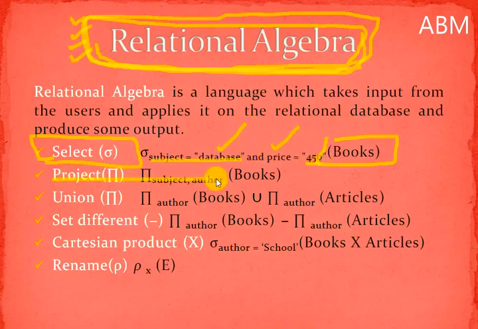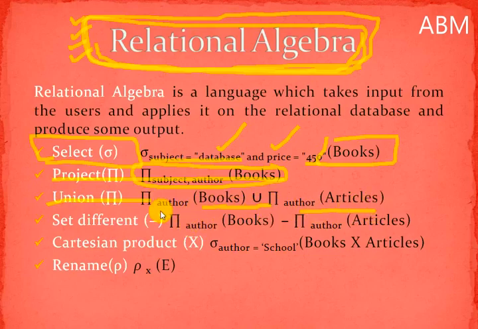Project has different types of constraints. For example, here they are selecting something from the books, but they may constrain on the subject and the author, and according to that the data is populated. Union combines two tables' data.